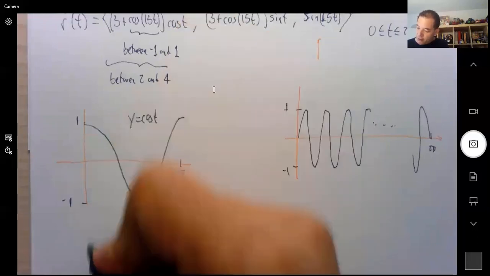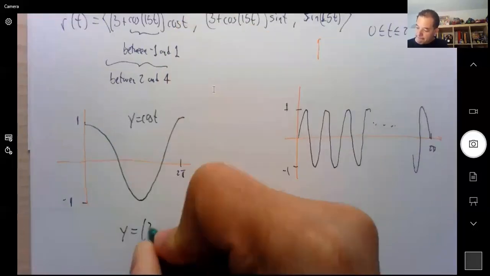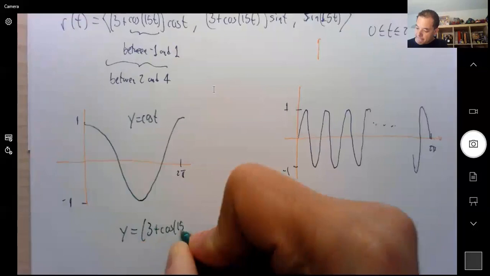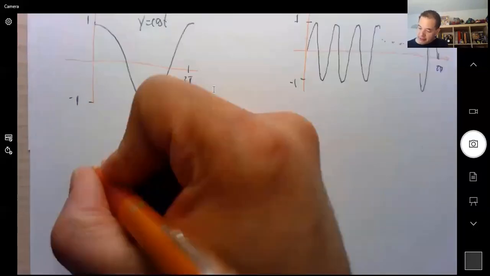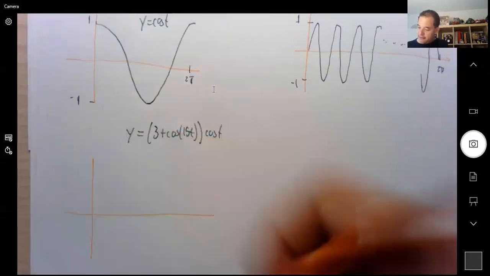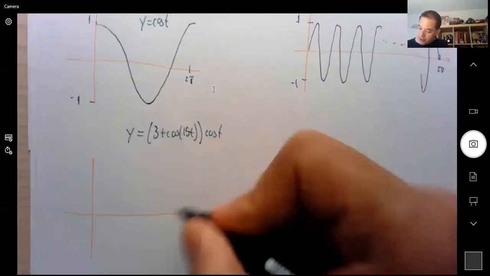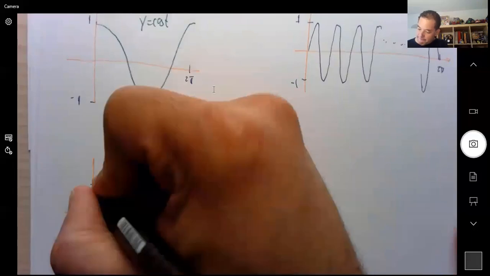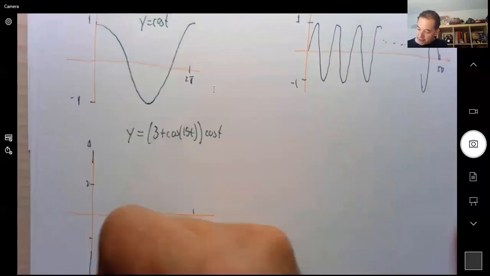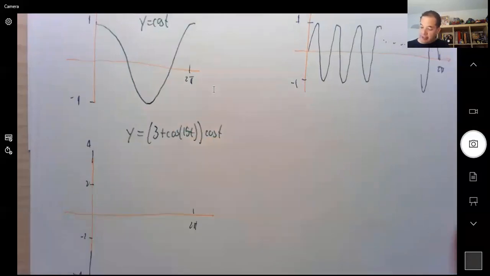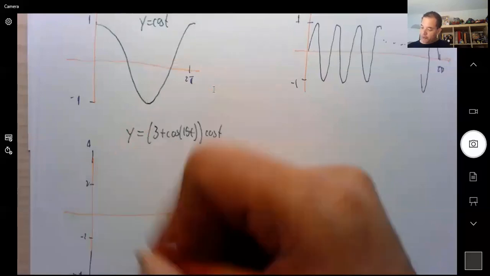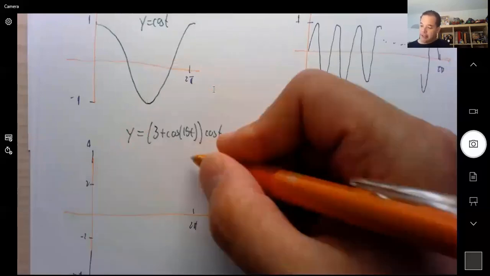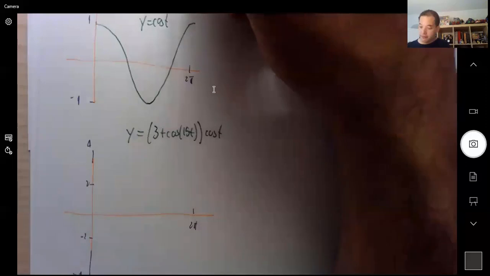So if you want to know how this one looks like, it kind of looks like we said, we go from 2 to 4, and -2 to -4, and at the same time that we go between those two, we sort of follow the shape of cosine, but this makes it go up and down, right?